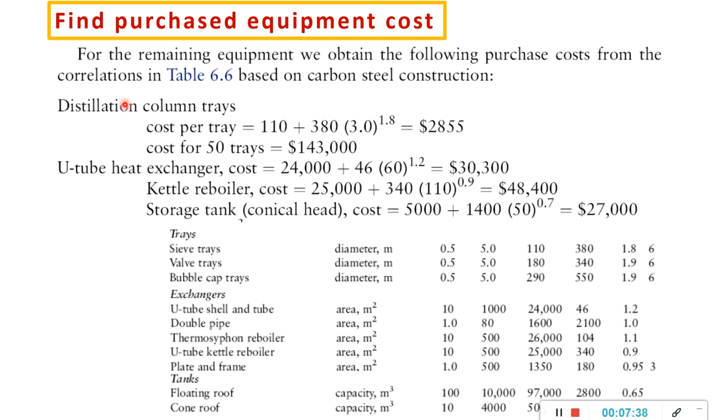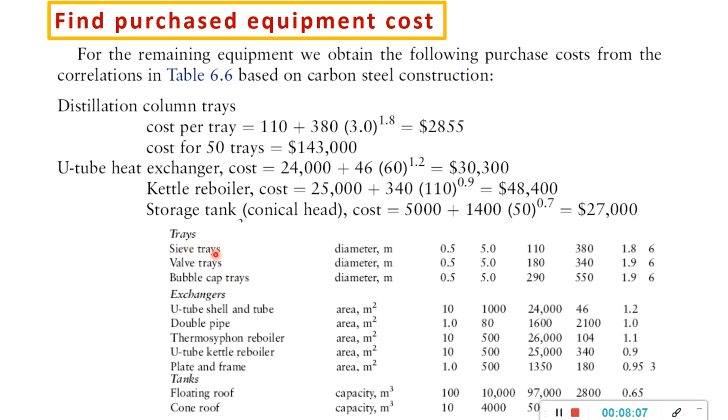Then for the remaining items, we go to the correlations based on carbon steel construction, because, for example, this one is not mentioned here for stainless steel. So this one is all from carbon steel. Look at the table. For the distillation column tray, we are using valve tray.